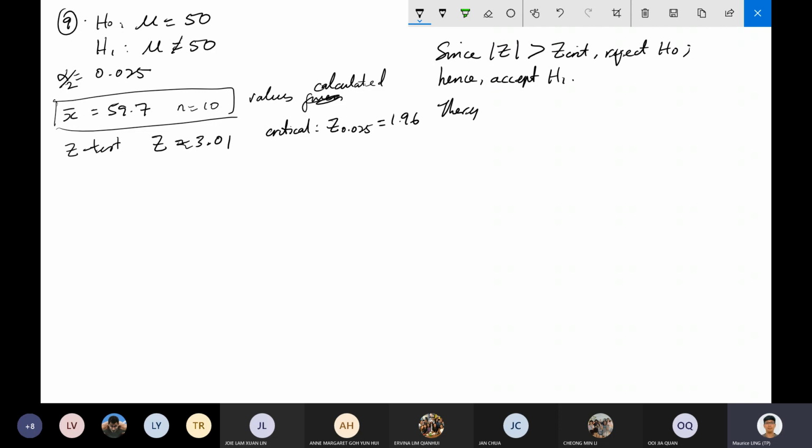Okay. Therefore, the mean is not equal to 50.